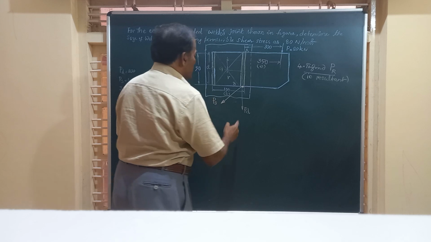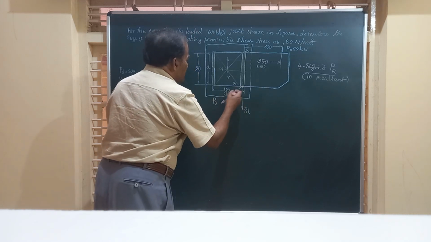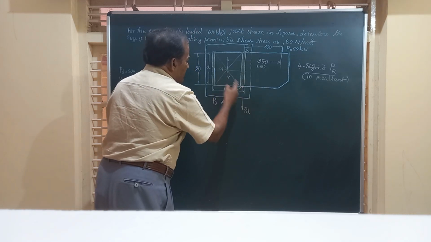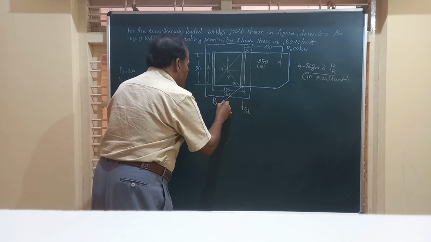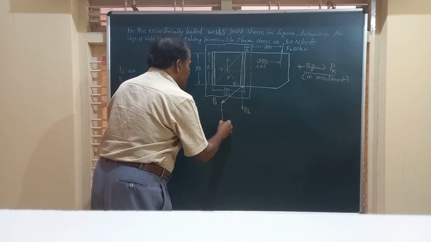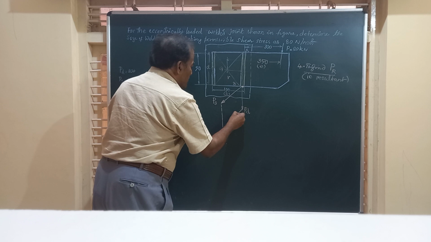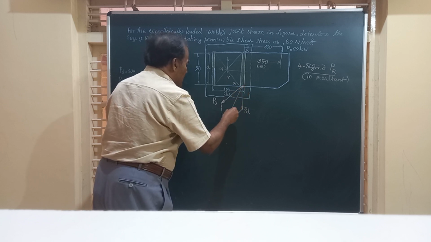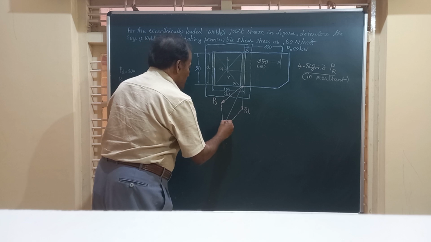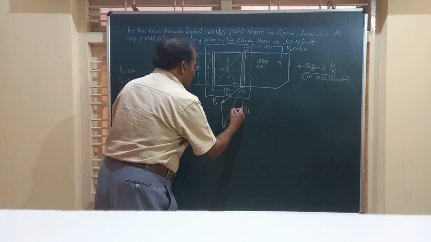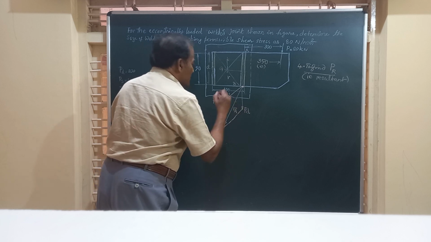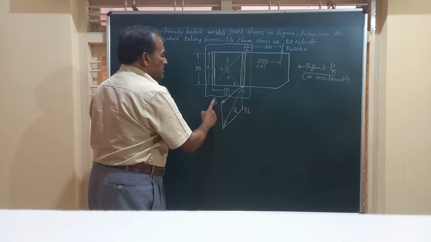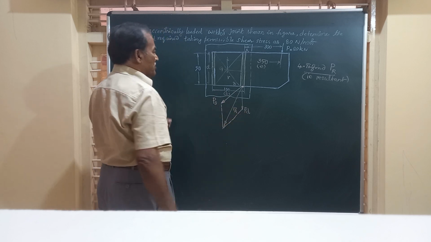Friends, here you have the direct load, you have the secondary load which is acting perpendicular to here, and to find out the value of the resultant load, we have to complete this parallelogram, and the diagonal of this will give you the resultant load PR.